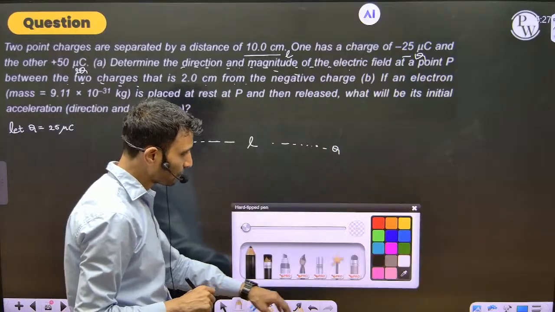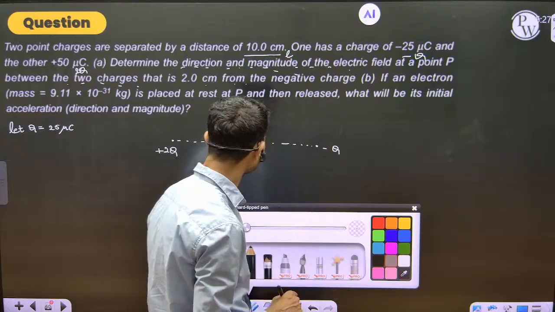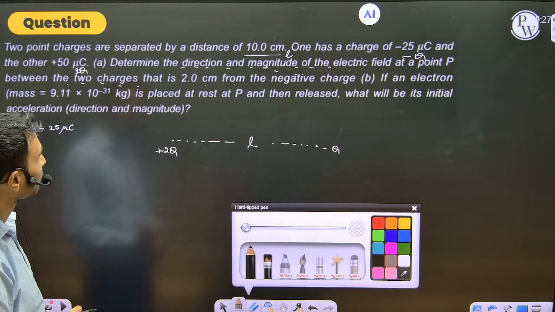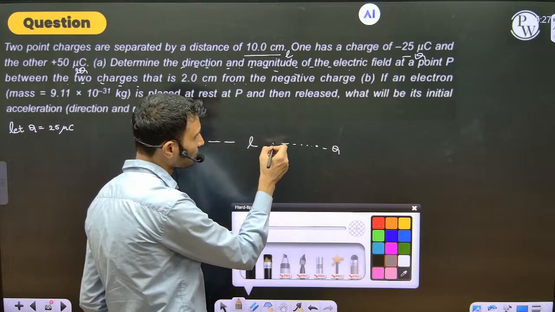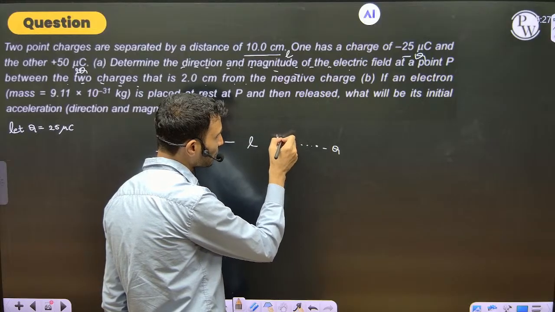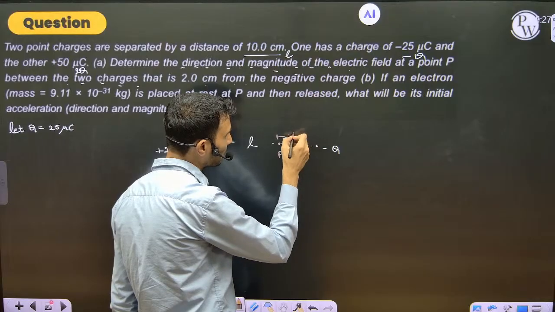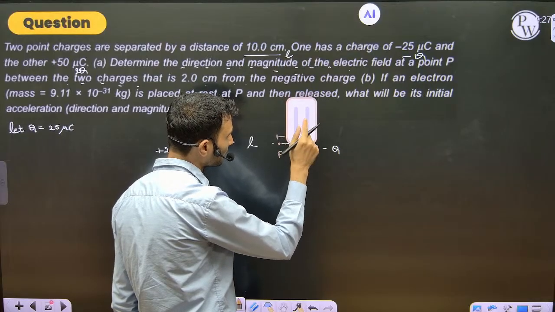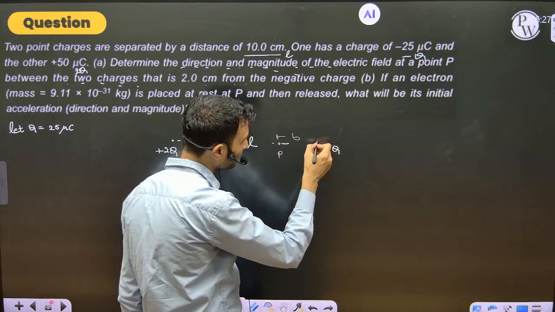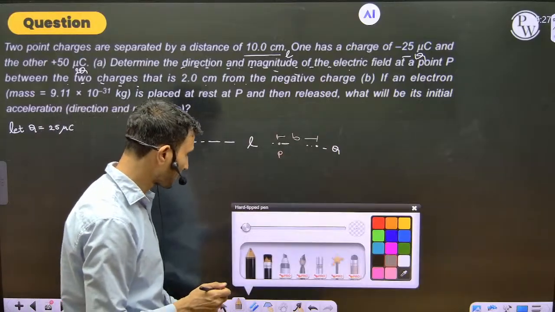Then what do you have to find out? You have to find out the electric field at which point? Point P, between the two charges, that is 2 centimeters from the negative charge. So here, at this point, which is 2 centimeters, or let's call this 2 centimeter B. At point P, at a distance B, we have to find out the electric field.